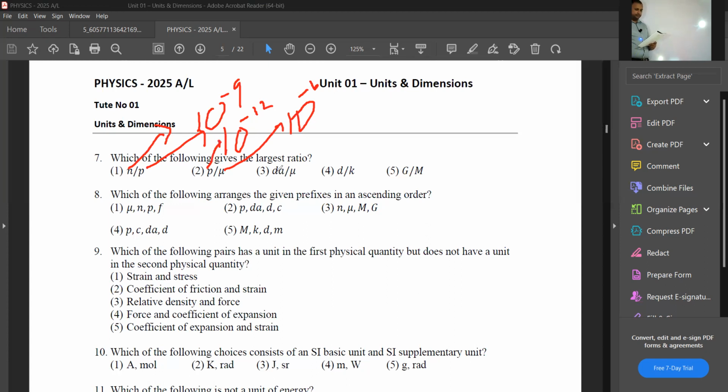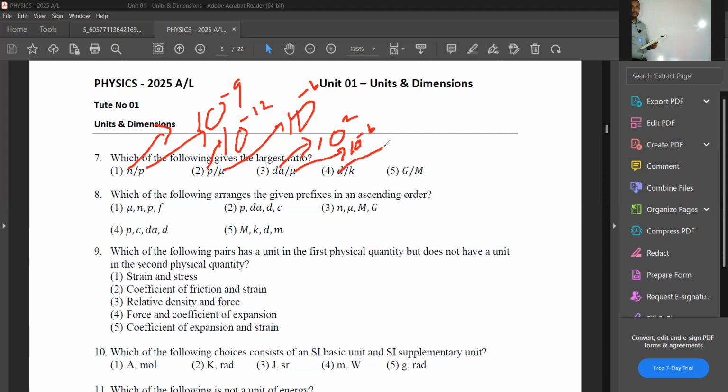Then again, deca and micro. Deca means 10 to the power plus 2. Micro, we have written that one, 10 to the power minus 6.